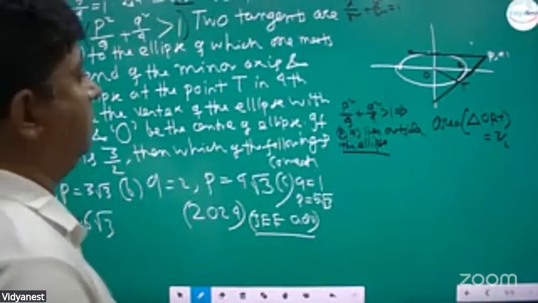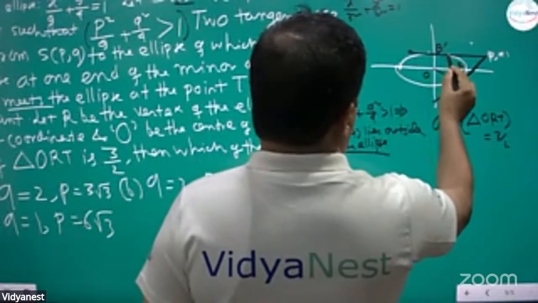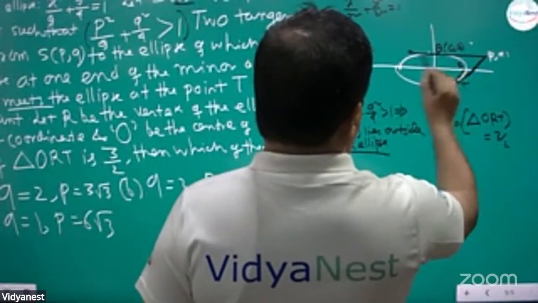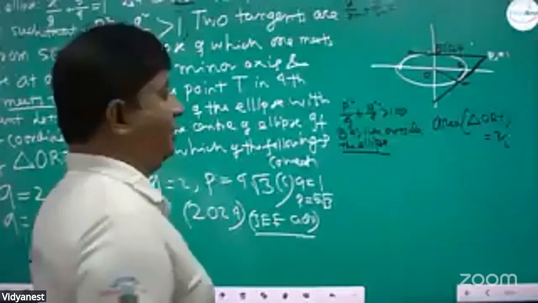Now, this point is R. This I am letting B, and by the rule of coordinates, that is (0, 2), because it is one endpoint of the minor axis.